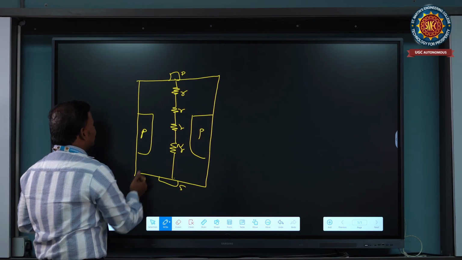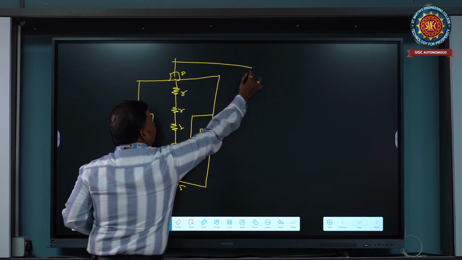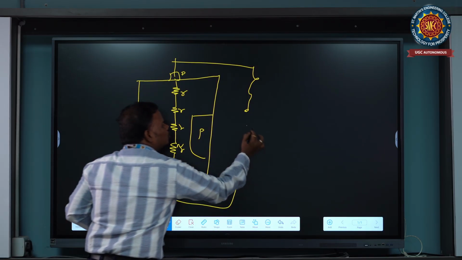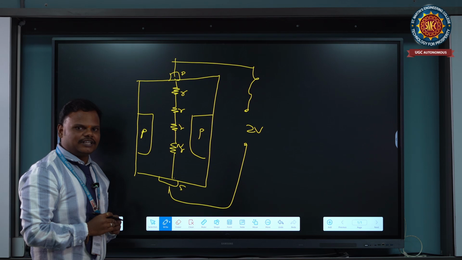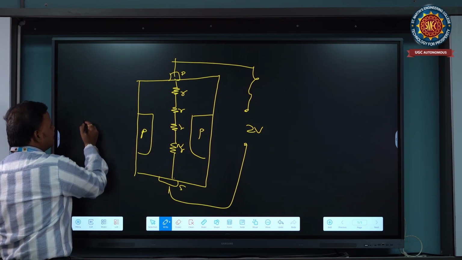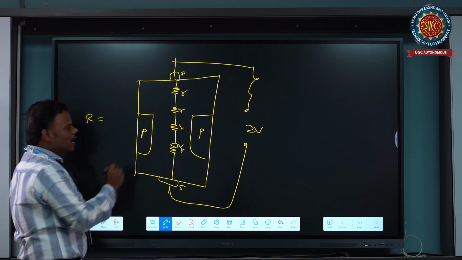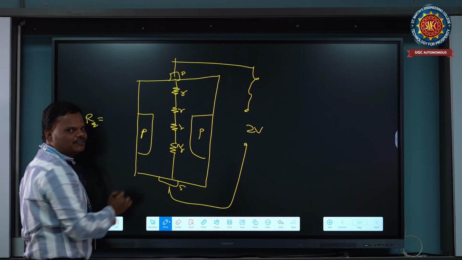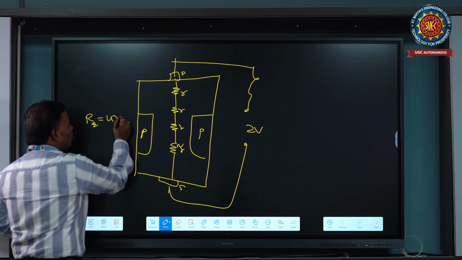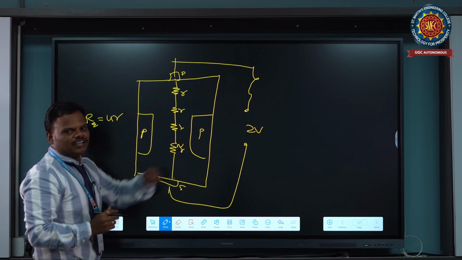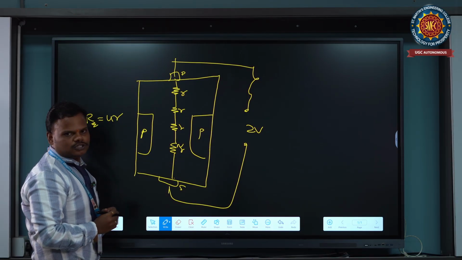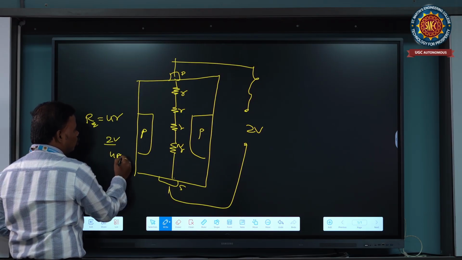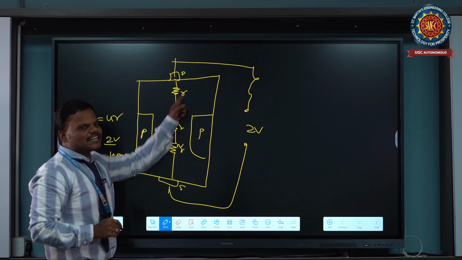For this circuit, I am applying VDS as 2 volts. The equivalent resistance R equivalent is R plus R plus R plus R, that is 4R, and the applied voltage is 2 volts only. So the total 2 volts is divided into 4 equal parts, since each R is the same value.